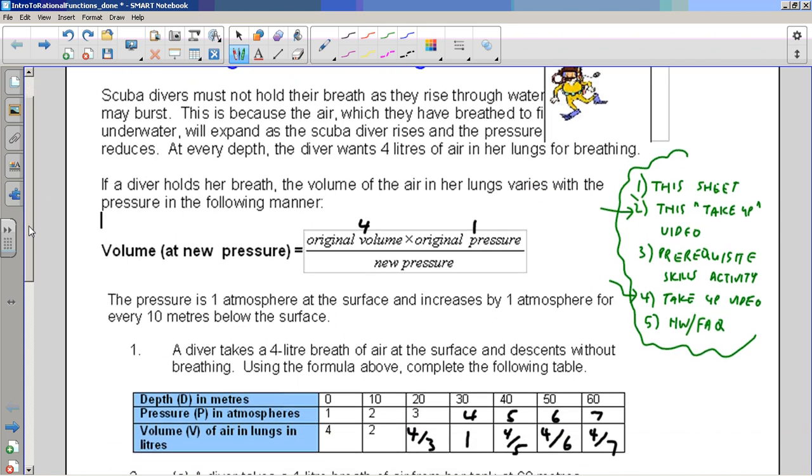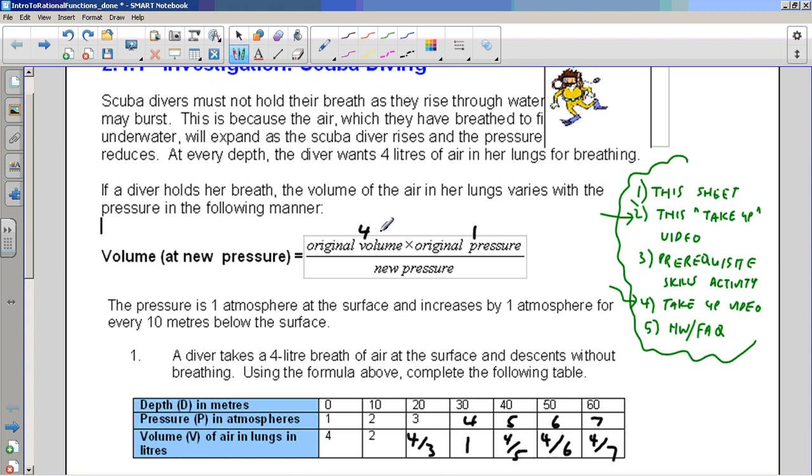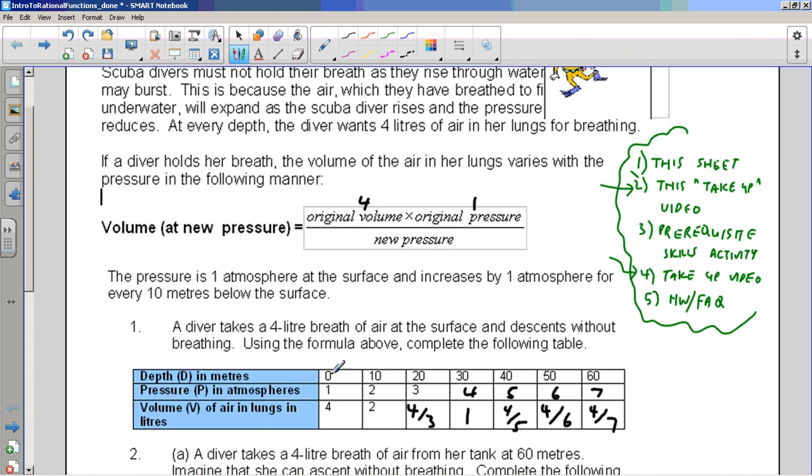Essentially, you read this and you get a relationship between volume and pressure of a scuba diver. So it says here the original volume in the lungs is 4 and the original pressure is 1, and then you divide by the new pressure, and we see that as we go down each 10 meters the atmospheric pressure goes up by 1, right?